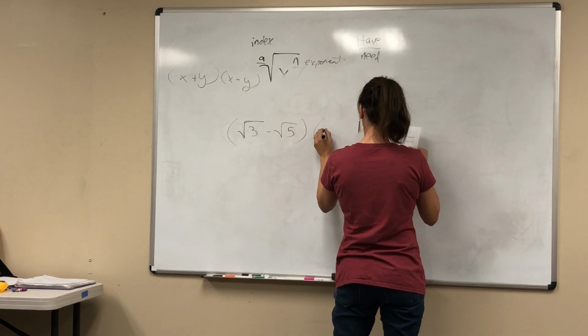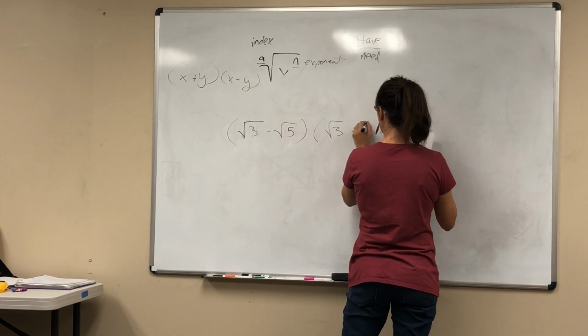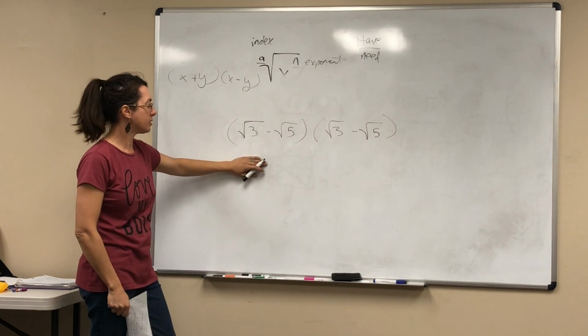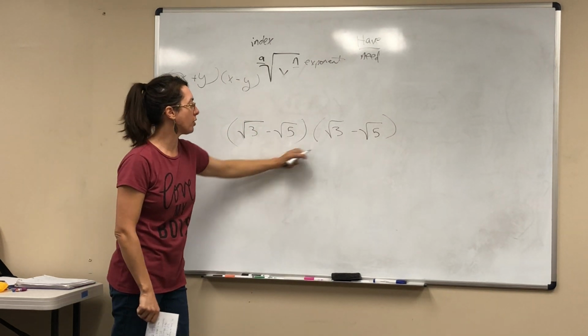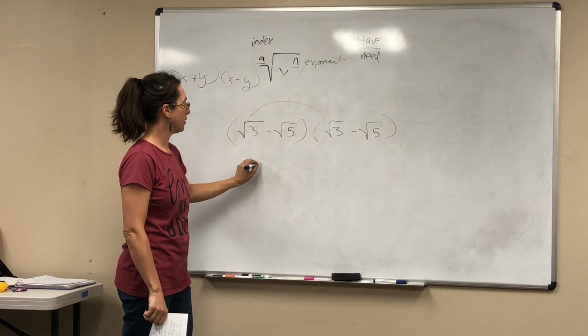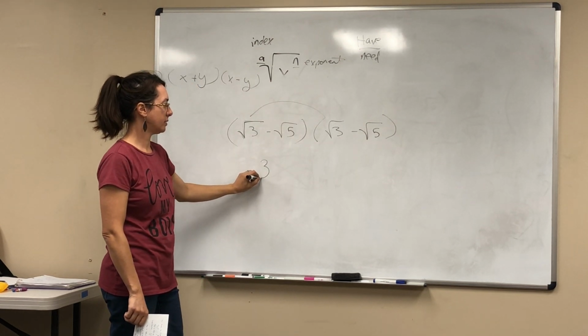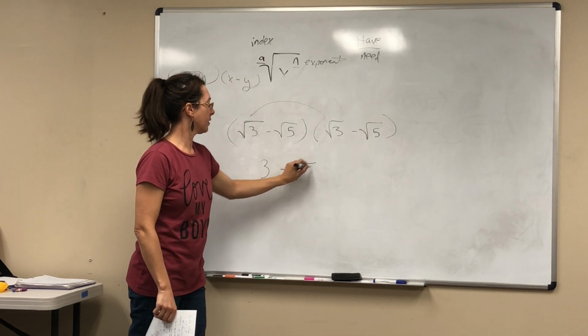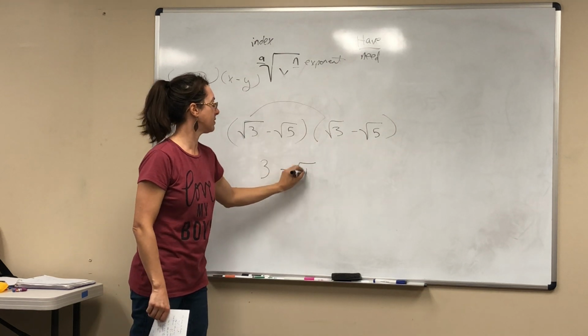Let's look at what it looks like this way when we do the exact same thing. When we FOIL this, we do our first, the square root of 3 times the square root of 3 is 3, right? Our outsides, 3 times 5 is 15, square root of 15.